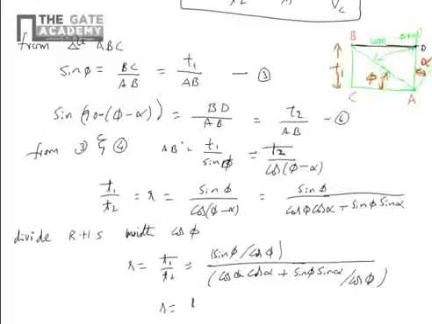So R equal to T1 by T2 equal to tan phi divided by cos alpha plus tan phi sin alpha, the cos phi cancels.